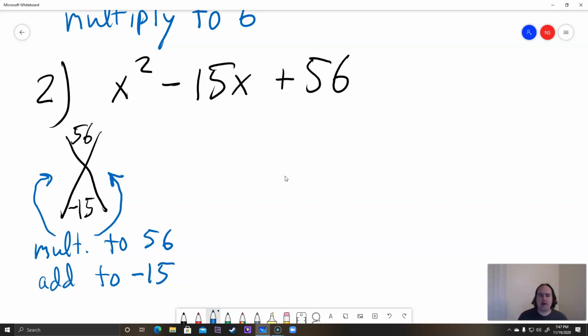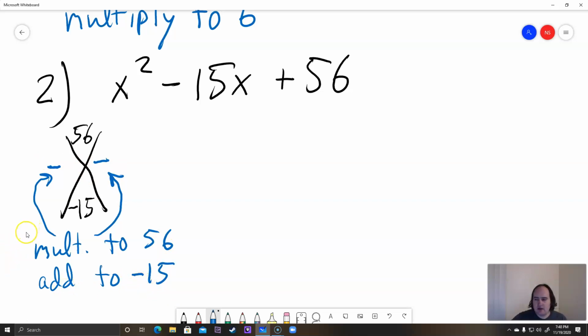If they multiply to give a positive number, but when you add them you get a negative number, that means they both have to be negative. Why? A negative times a negative gives you a positive, which is what we want, a positive 56. But a negative plus a negative gives you a negative, so that'll add to negative 15.